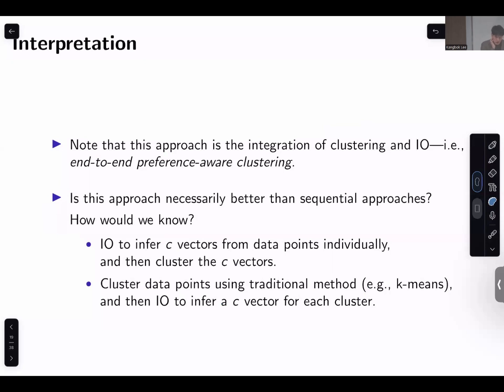Then if a naive modeler were to do exactly the same task, the immediate reaction would be, can we just use inverse optimization individually for individual data points to get individual C vectors and then cluster the C vectors later? That could be one way of thinking about this problem.